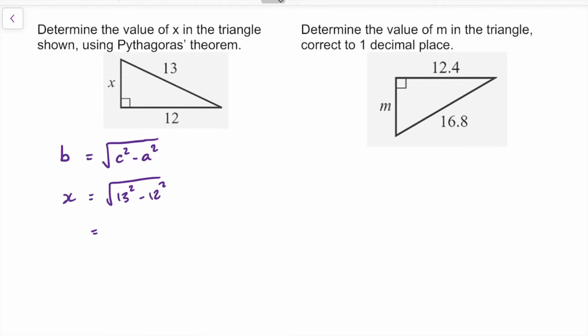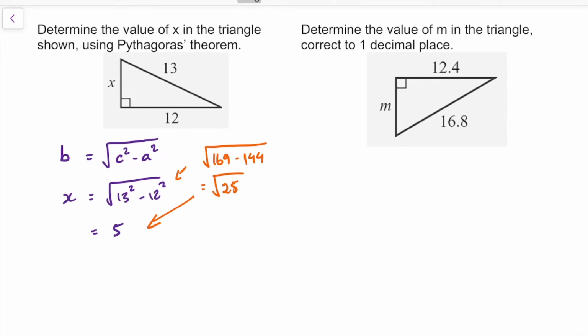Chuck that into your calculator, and you won't get 25, you'll actually get 5, because what you've got in here is the square root of 169 minus 144, which is the square root of 25, which leaves us with our answer of 5. That's how easy this is. Three lines of working, done and dusted.